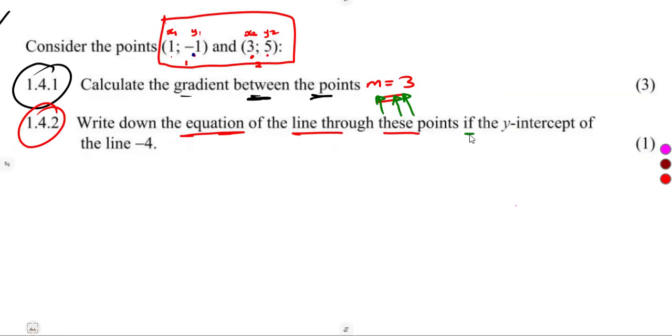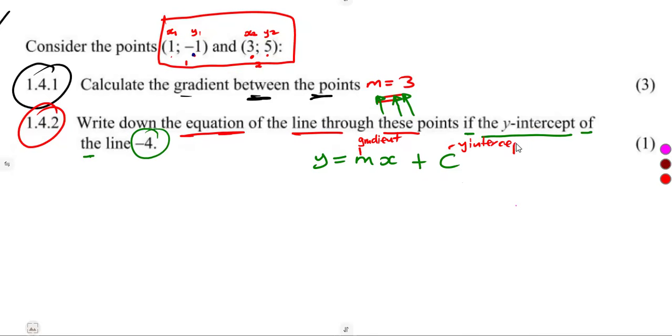If the y-intercept of the line is -4, remember the equation of the line, y is equal to mx plus c, where m represents the gradient and c is our y-intercept.